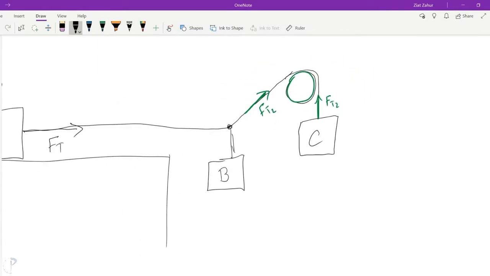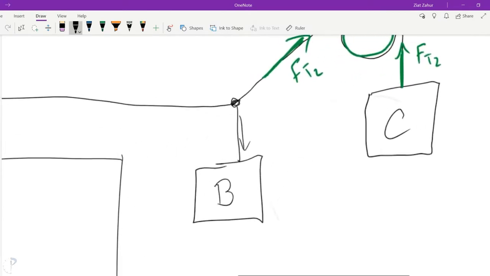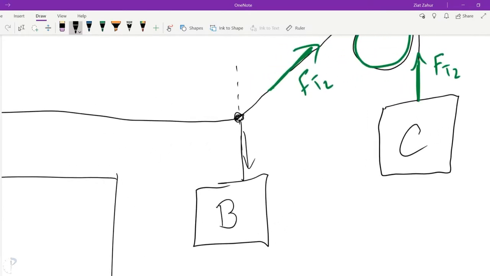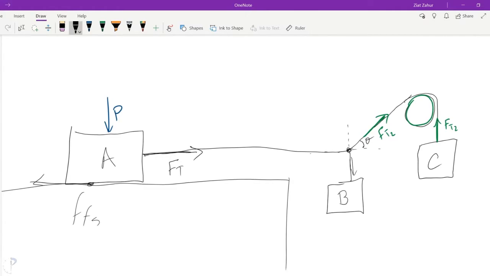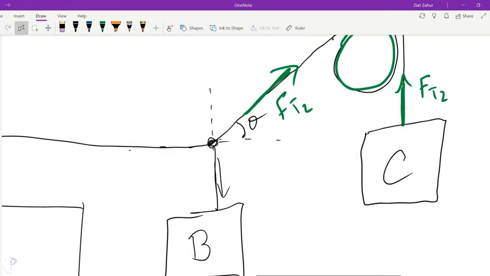This block B is pulling it down. Okay, but what we could do is simply draw an XY coordinate and see that the tension force that is pulling block A is actually the X component of this force, tension 2.